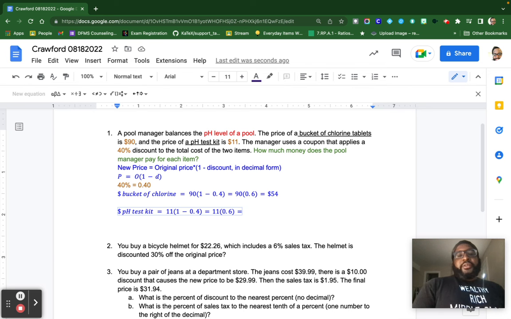I know that 11 times 6 is 66. Since I have a tenth of a 6, the answer is going to be a tenth of 66, which is simply 6.6. A tenth of a two-digit number is pretty much a decimal in between the two numbers. That's exactly what it is. And that is our answer for this problem. We have two answers for this problem. And that's it.